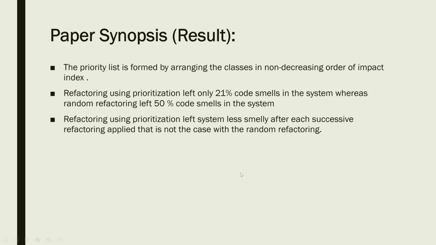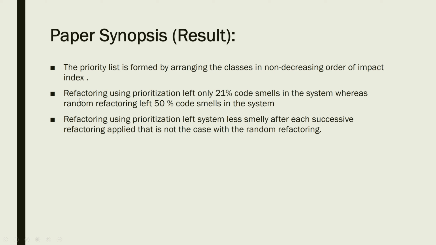This slide shows the result of the experiments. Based on the impact index values obtained, the priority list is formed by arranging the classes in non-decreasing order of the impact index. Refactoring using prioritizations left only 21% code smells in the system.